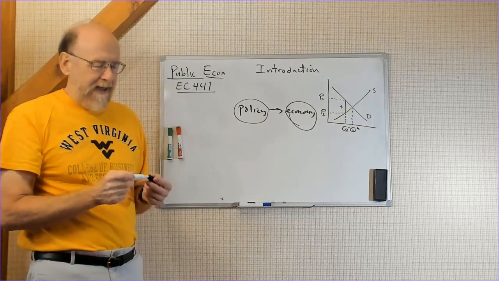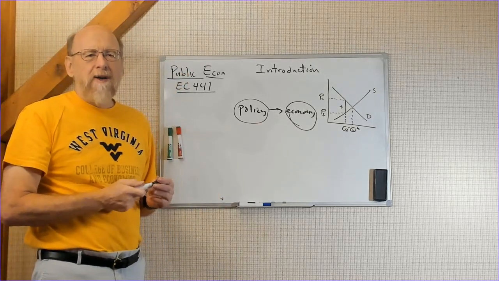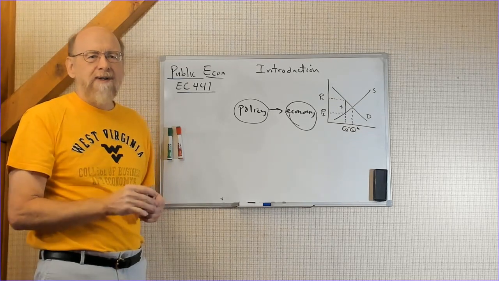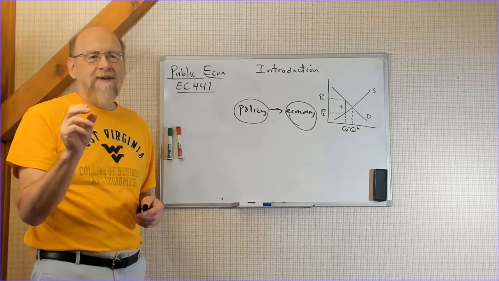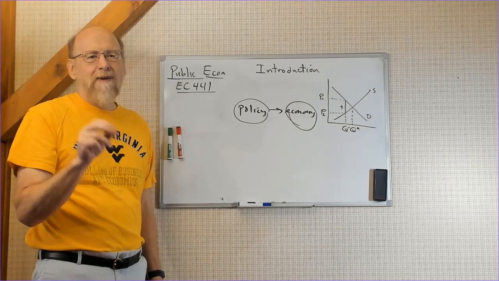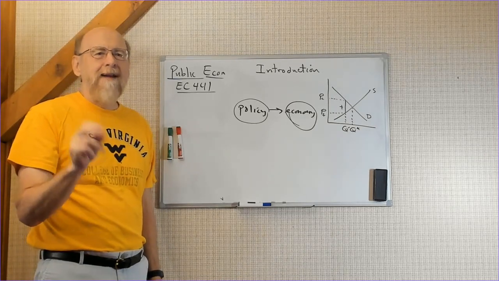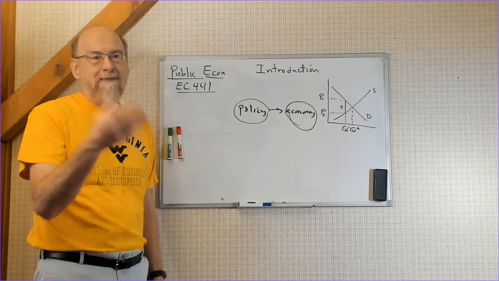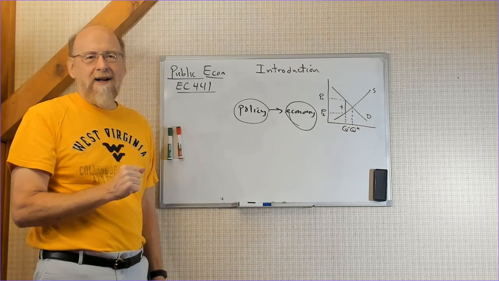And that's what we're going to work on for the first part of the course. So part one of the course is really about the impacts of some basic government policies, namely raising money to spend and spending it on the private economy.